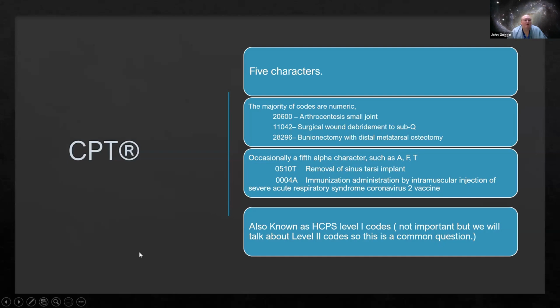So we'll start with CPT. All CPT codes have 5 characters. The majority of the codes are numeric, and I've listed a couple of common podiatry codes here. And you can see that they're all 5-digit numbers, pretty straightforward there.